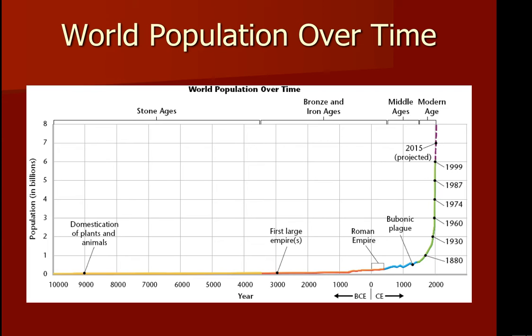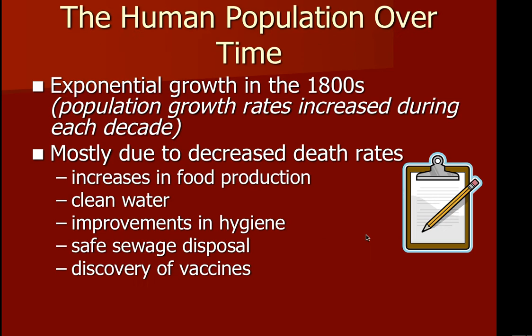So we have crops and cattle and different food resources that are more sustainable, as far as feeding a large group. And so there are numerous factors that contribute to this exponential growth. Let's talk about some of those factors a little bit more in depth.